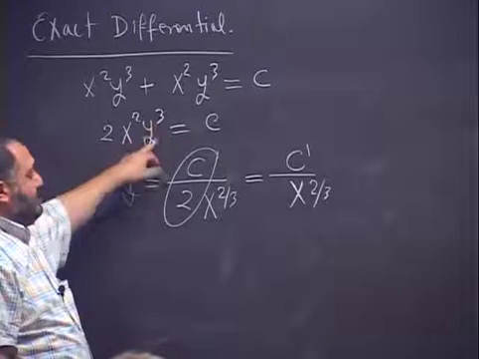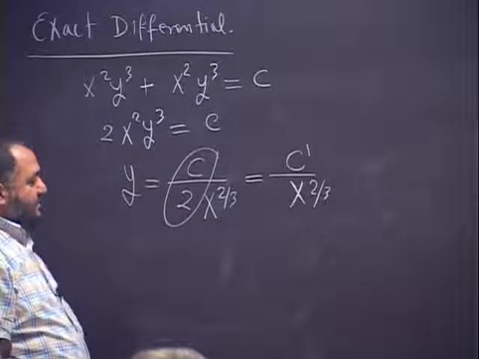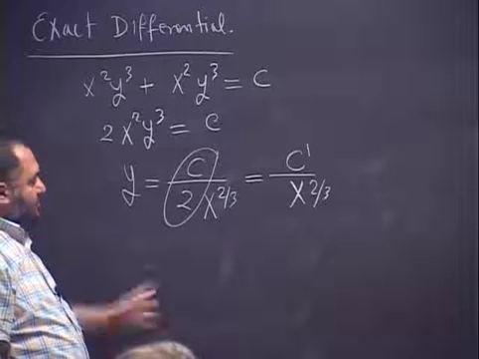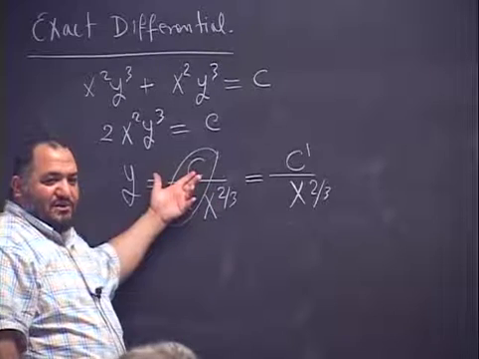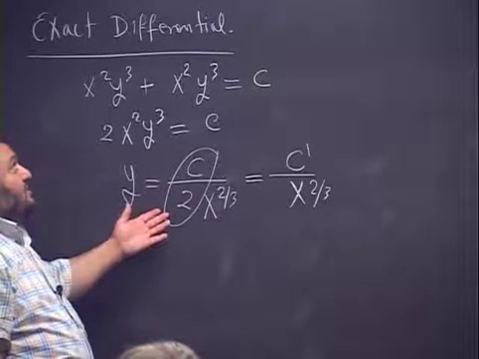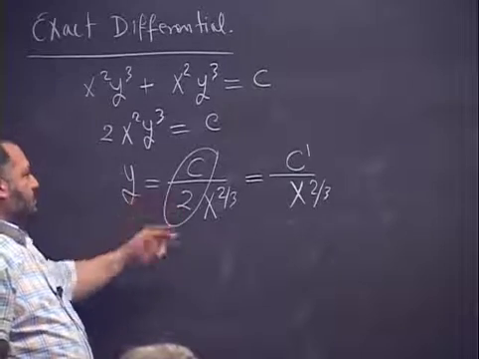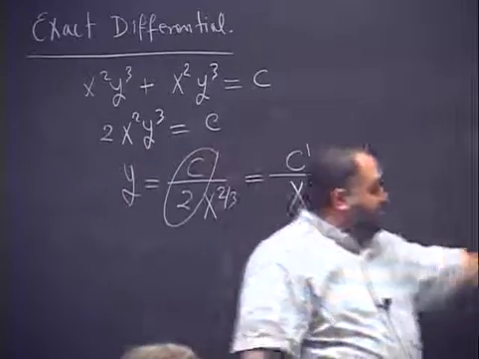X cubed. You will take the third root, which will be 1/3 of a constant under the third root, which will be another constant. So the solution here is exactly the same.